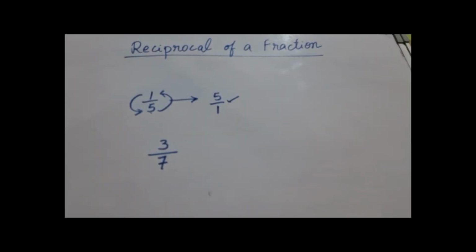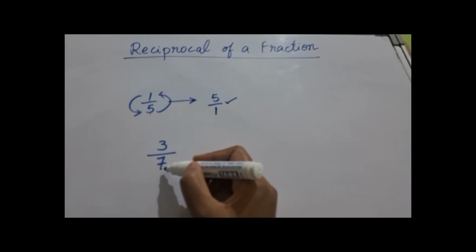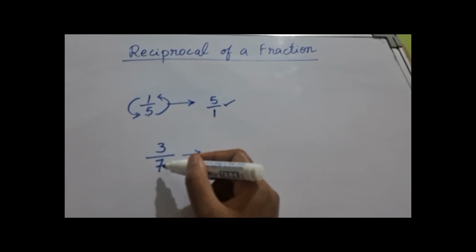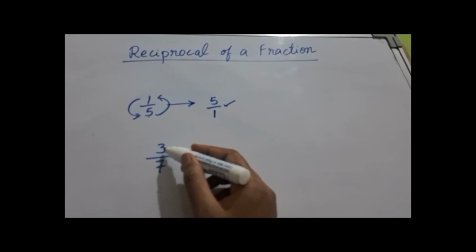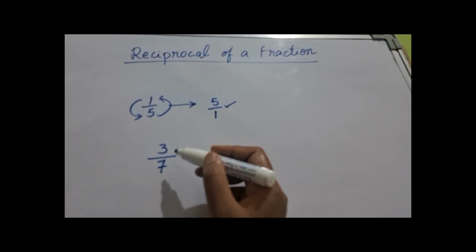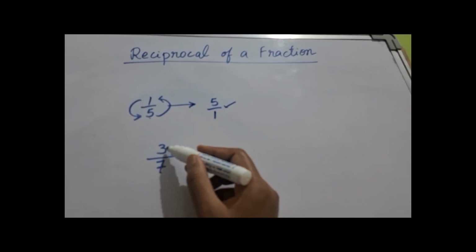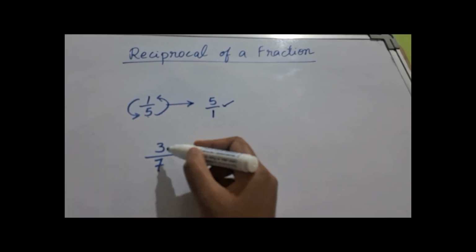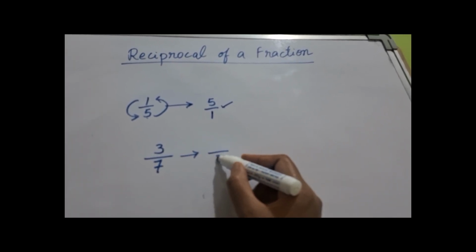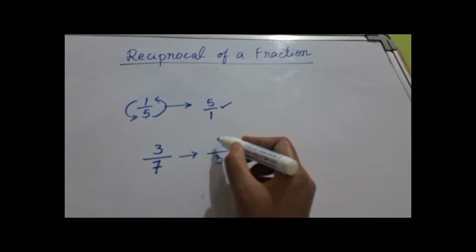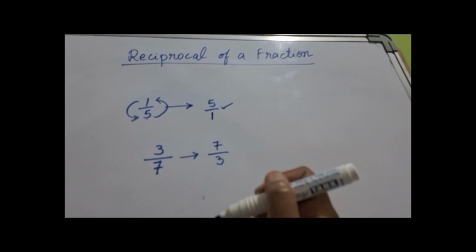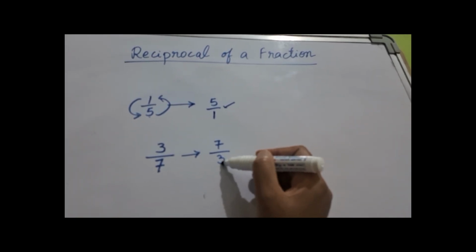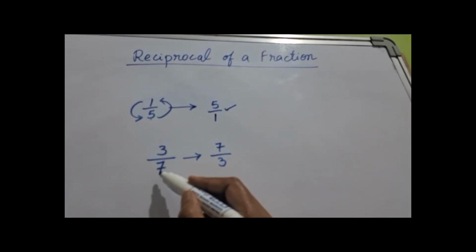For example, 3 by 7. The reciprocal of 3 by 7 is 7 by 3.